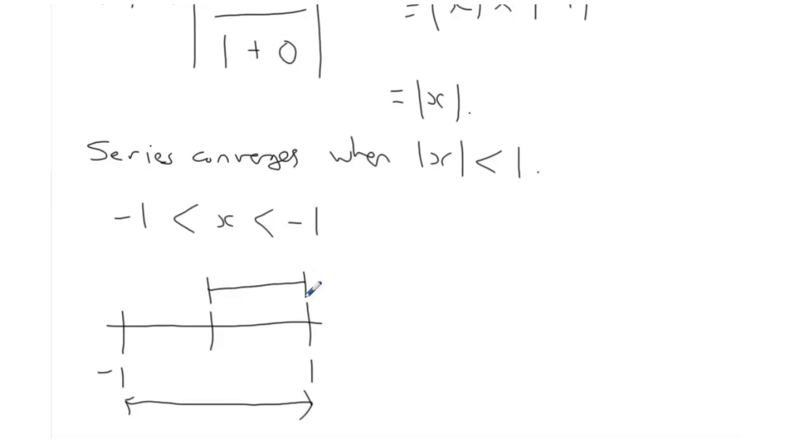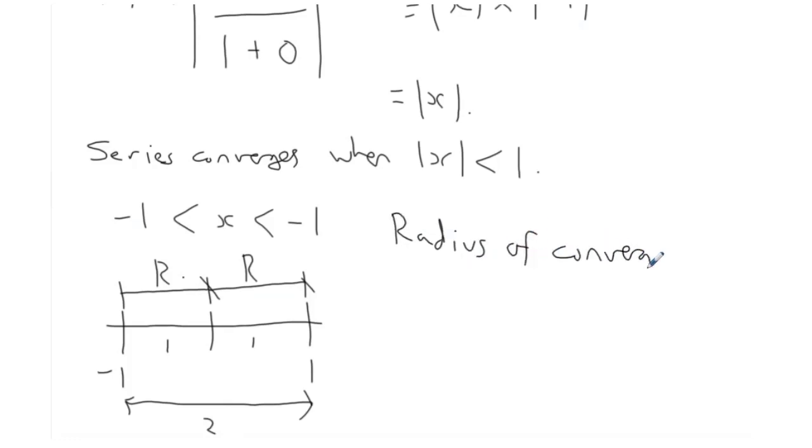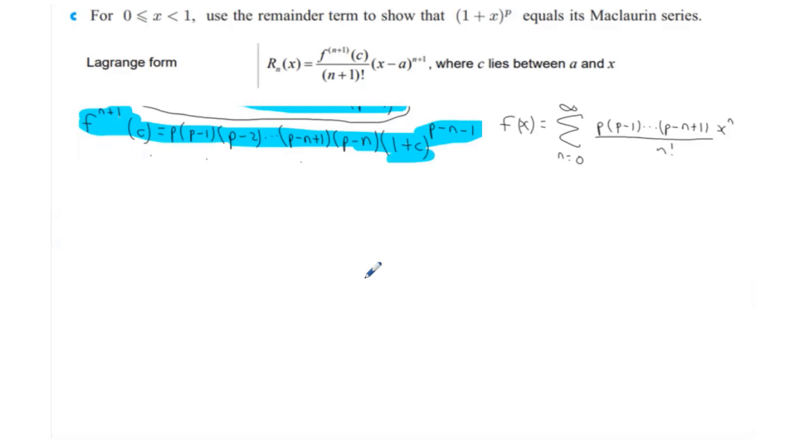So these distances here are the radius of convergence. And it's just 1 because this distance is 2. So radius of convergence is 1.